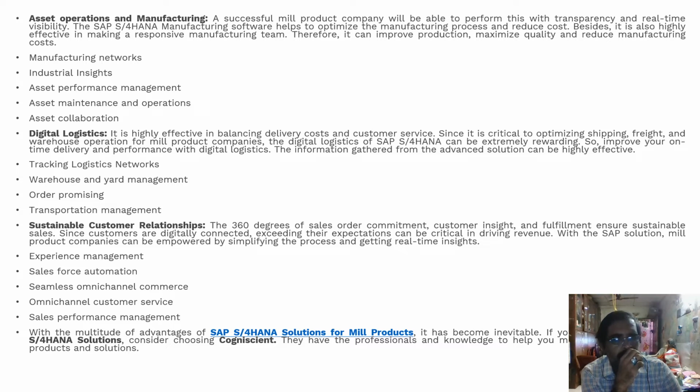So, digital logistics. It is highly effective in balancing the delivery cost and customer service, since it is critical in optimizing shipping, freight and warehouse operations for the mill products. The digital logistics of SAP S/4HANA can be extremely rewarding.